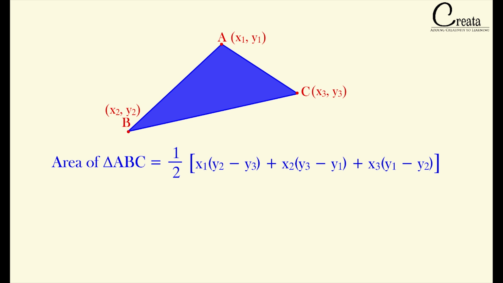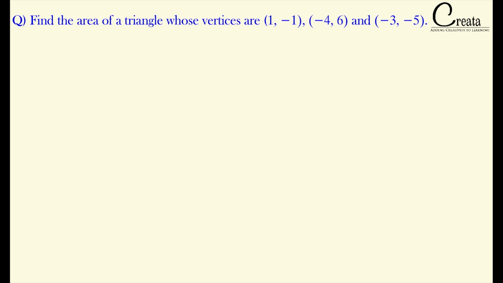So moving further, we got the area of the triangle in the coordinate form. Let's move further and try to solve some questions. Our first question is, find the area of a triangle whose vertices are (1, -1), (-4, 6) and (-3, -5). Try to solve this question by pausing this video.